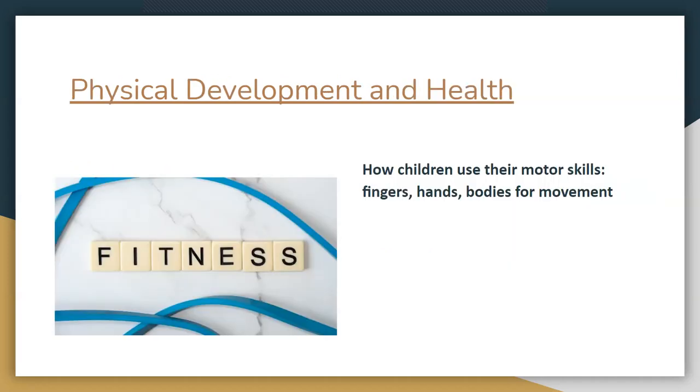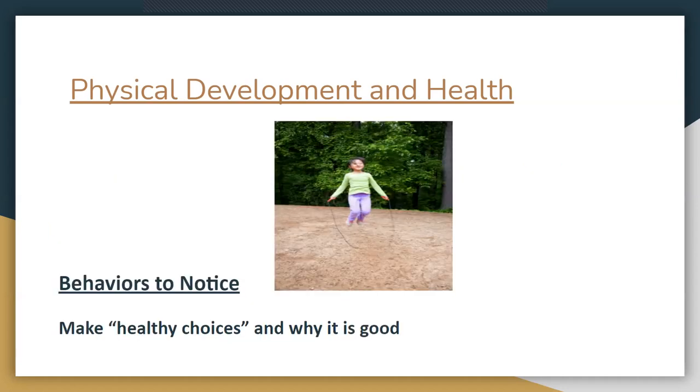Physical development and health. So how children use their motor skills, fingers, hands, their bodies for movement, things like that are very important. And also it includes making healthy choices, okay? And why those things are good for them. So that is very, very important as well. The physical has to do with their physical development, right?